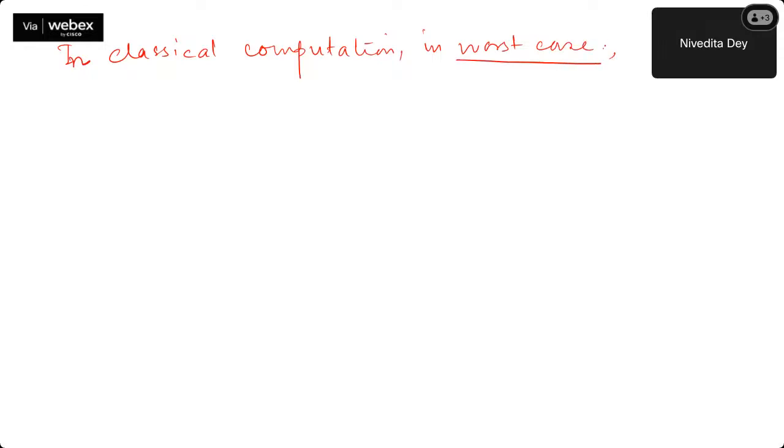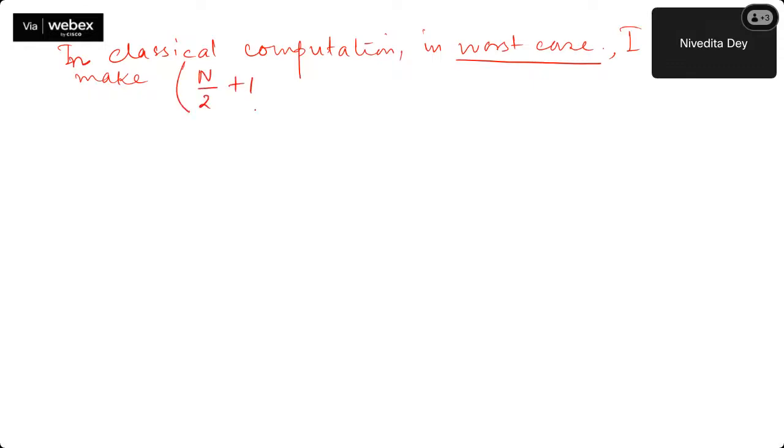So for classical computation, in the worst case, let me just write it down. In classical computation, in the worst case, how many number of queries do I have to make?